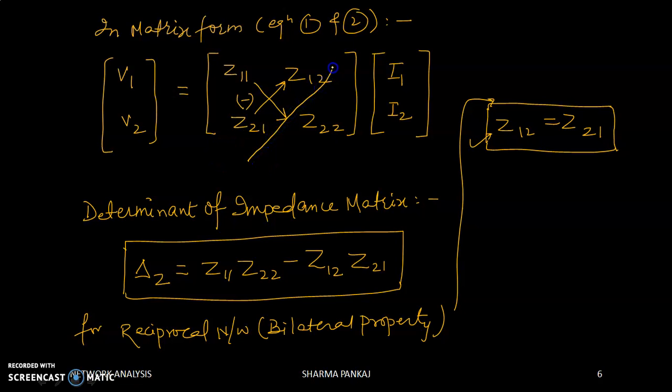Only then can the reciprocal network exist with the bilateral property.